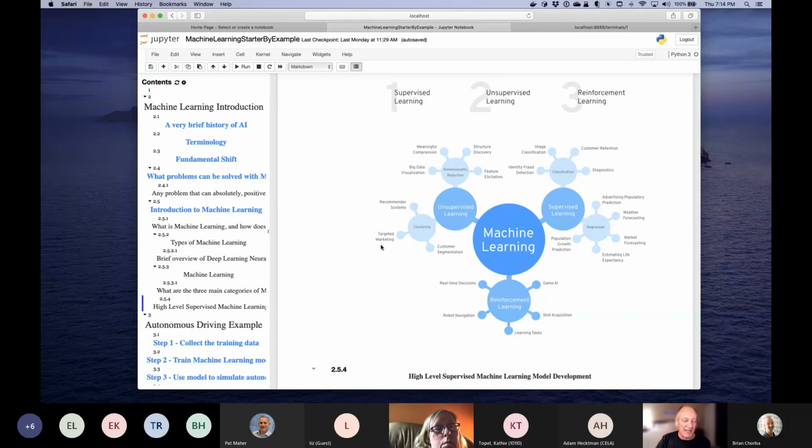In unsupervised learning, I don't have the answers. I have a lot of data, and I'm just trying to figure out how this data relates to one another. One of the typical examples is clustering. And we've worked with clients to do this, where we want to understand how, if I have 100,000 customers, how do these customers sort of cluster together? You and I looking at the data won't understand why certain customers come together and why certain ones don't.